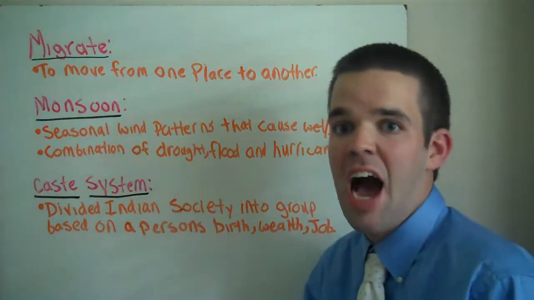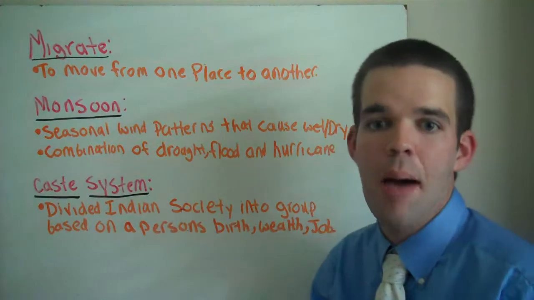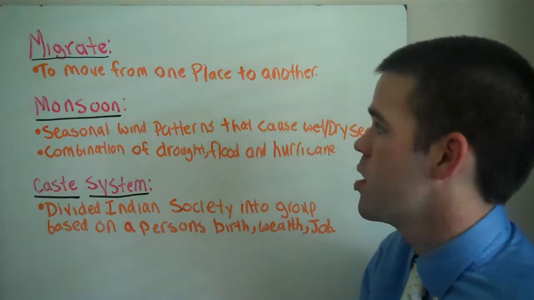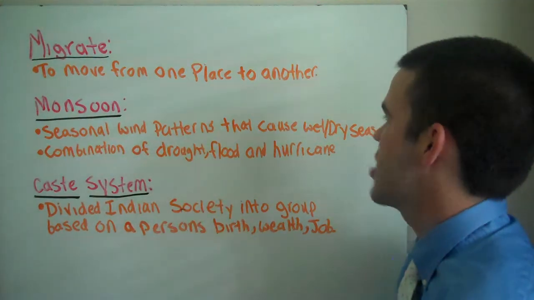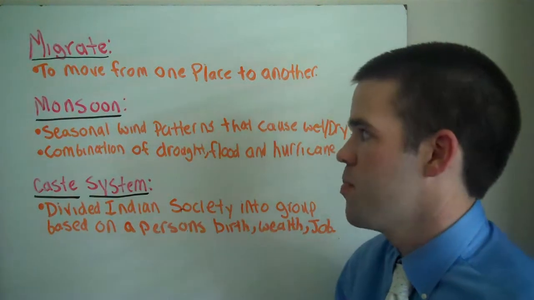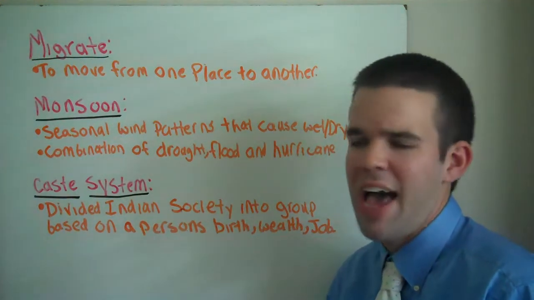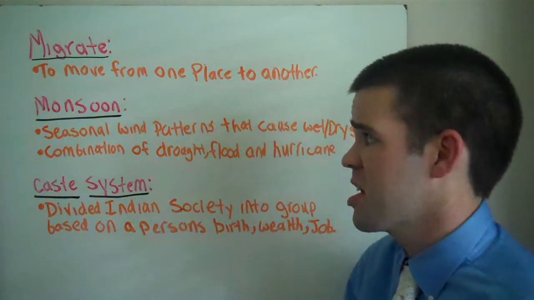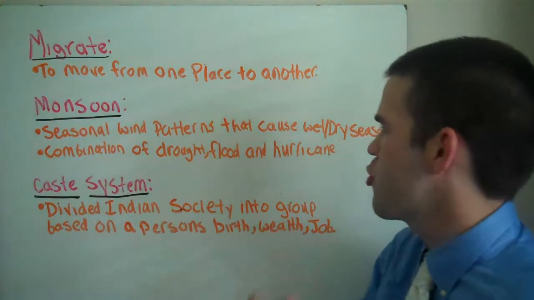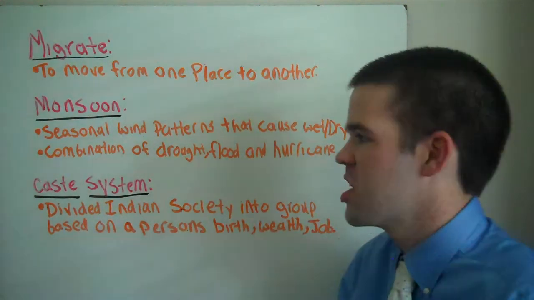One of the things that they oftentimes try to get away from is a climate condition or a climate catastrophe called a monsoon. It is seasonal wind patterns that cause wet and dry seasons. But that's not the bad thing of a monsoon. A monsoon, what I've always heard a monsoon as, and trust me, I have never experienced it and don't plan on it. A monsoon is a combination of 3 main conditions that we have here in the United States, all put into one.